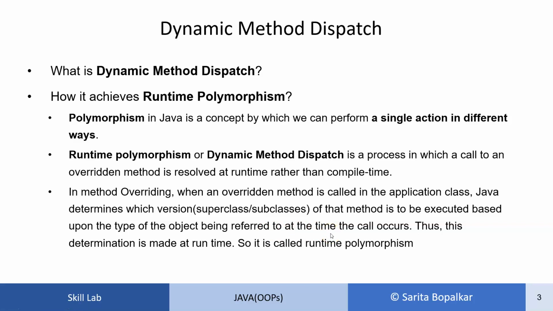So whenever a call for the method occurs, Java determines whether to execute the superclass method or the subclass method depending upon which class object it is. Thus, this decision is made at runtime, so it is called runtime polymorphism.